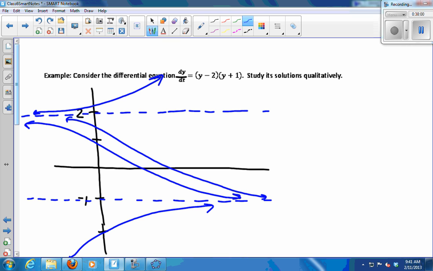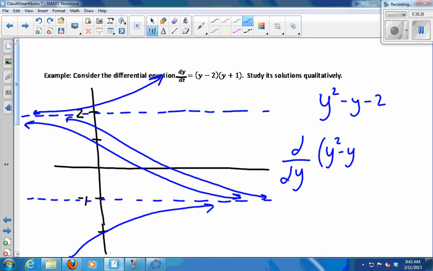And how do I know that I can't cross equilibrium solutions? Because the derivative with respect to y is continuous. So this, y squared minus y minus 2, is continuous, just a polynomial, right? The partial with respect to y would just be 2y minus 1, which is also continuous.